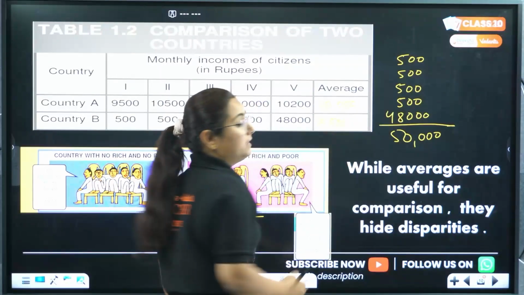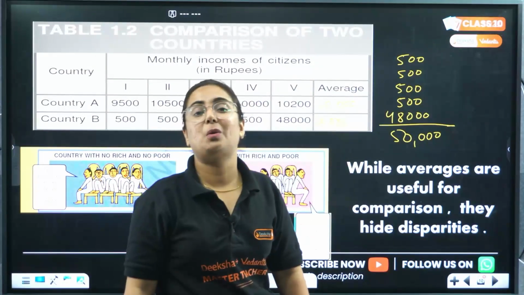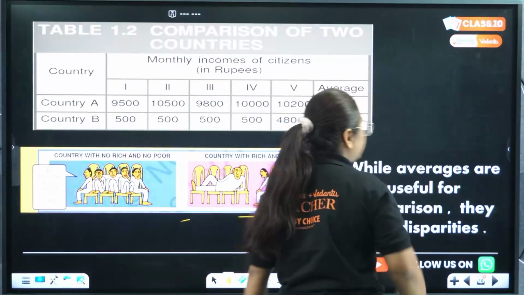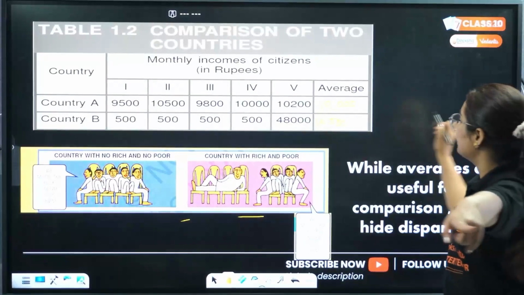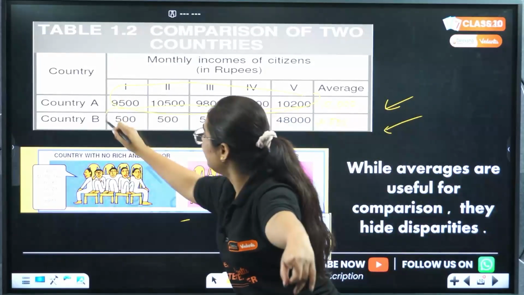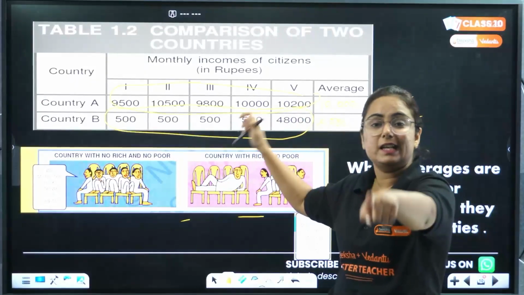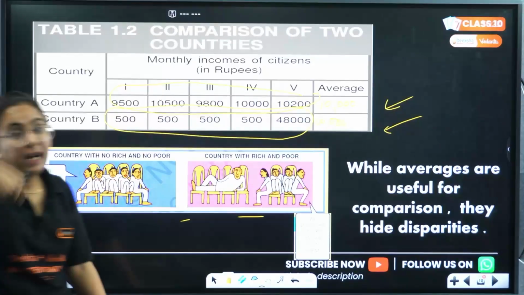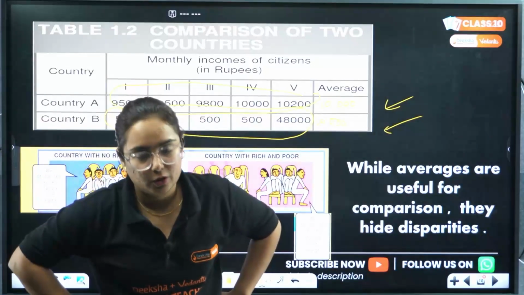So you can understand here that the situation is a problem. In both the countries, the total income is 50,000 and the average income becomes 10,000. But do you think all the citizens in country B earn the same and live the same life and their developmental goal is the same?